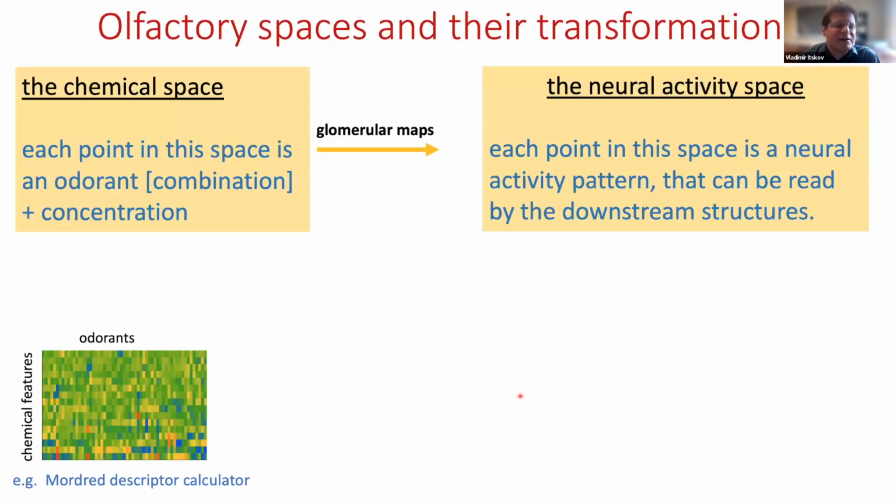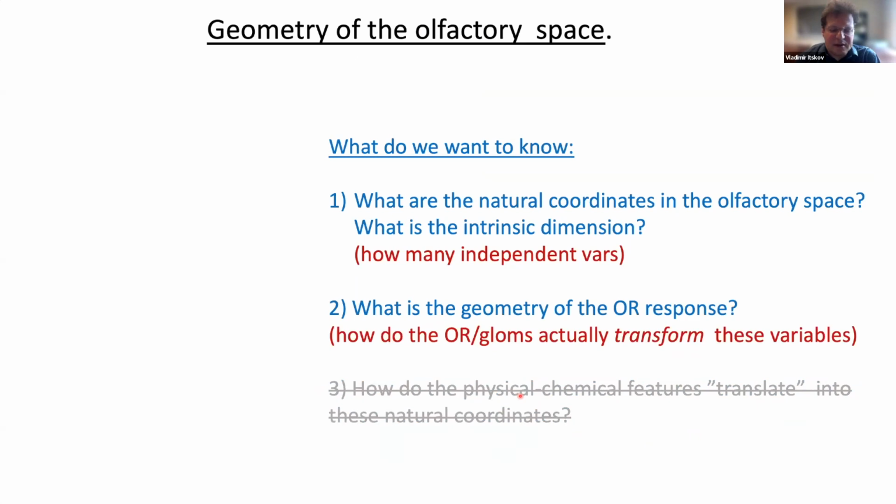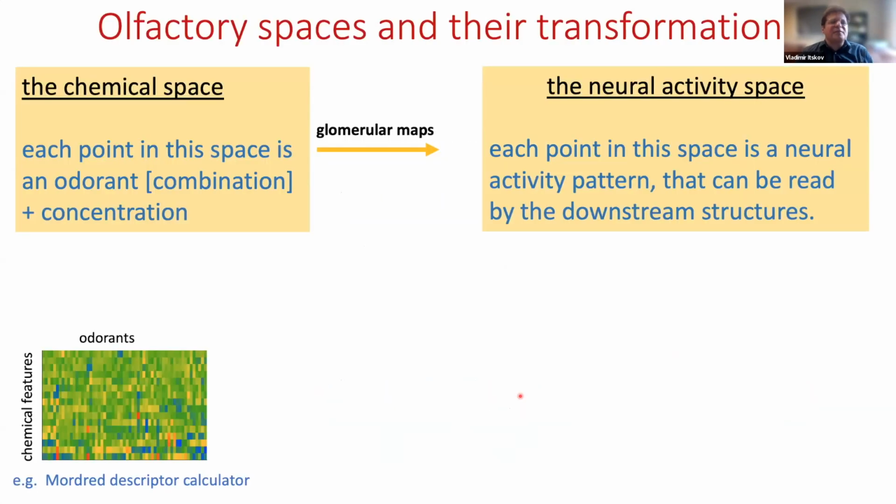Okay, so now we have the chemical space. Each point is an odorant or a combination of odorants plus concentration. And there are glomerular maps that translate this into neural activity space.